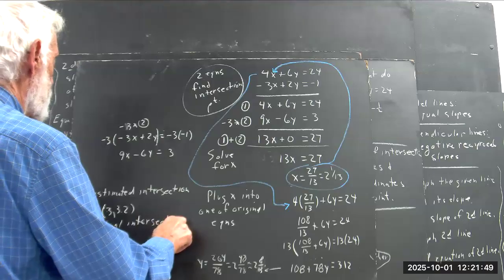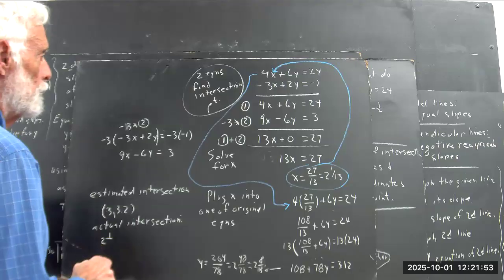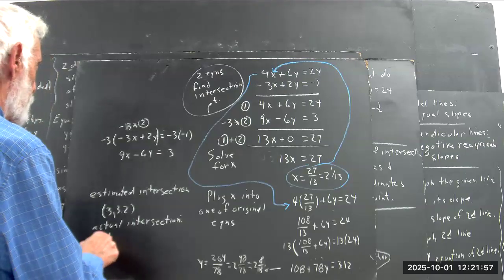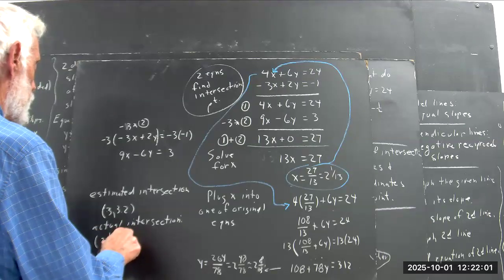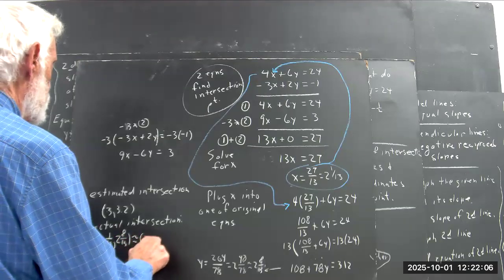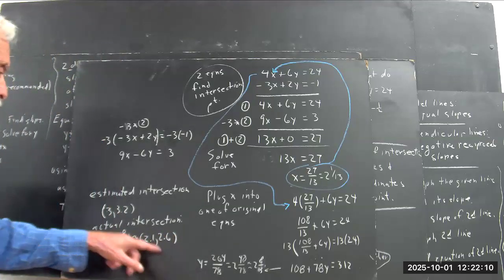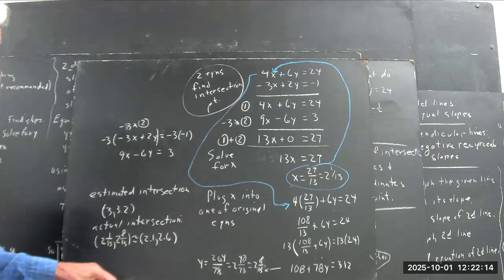Actual intersection: 2 and 1/13, 2 and 8/13, which is approximately 2.1, 2.6. So these weren't terribly far off. They were a bit off.